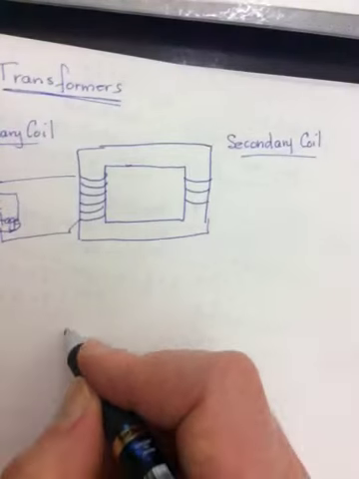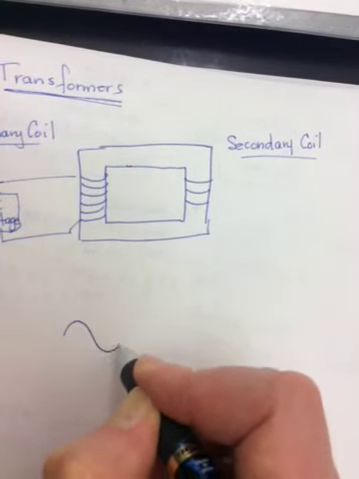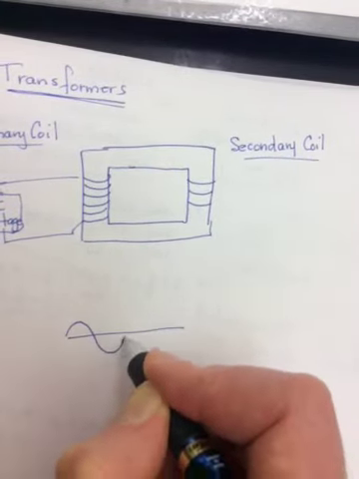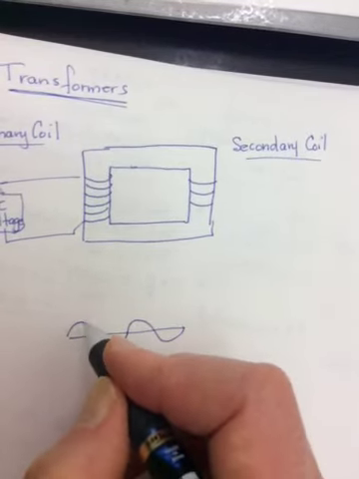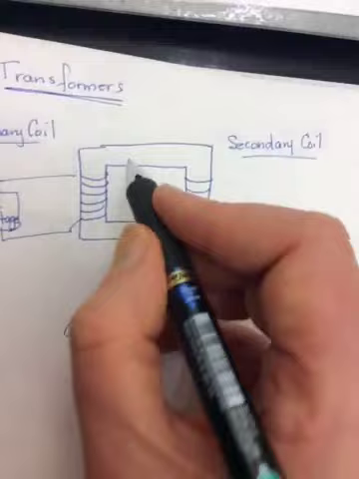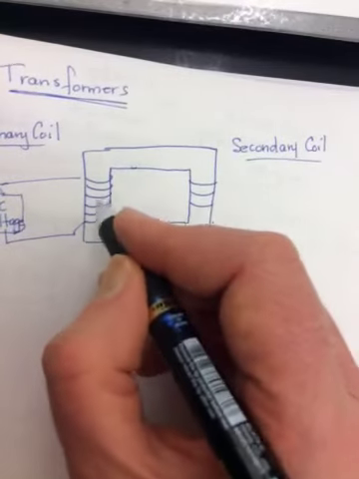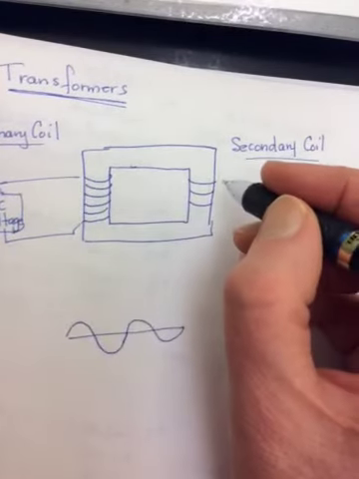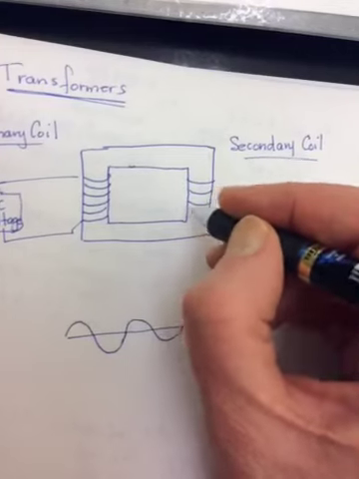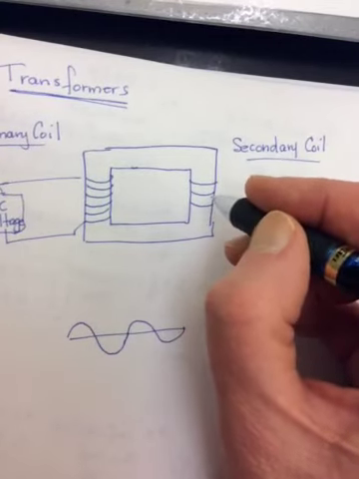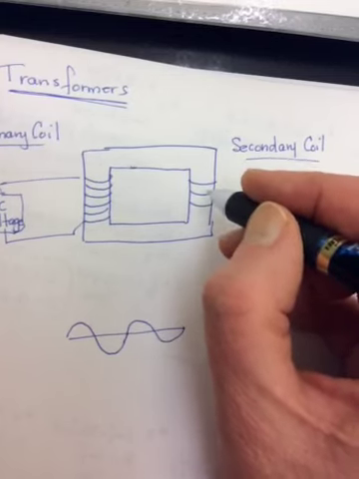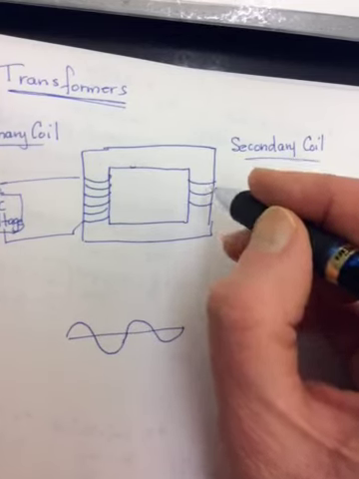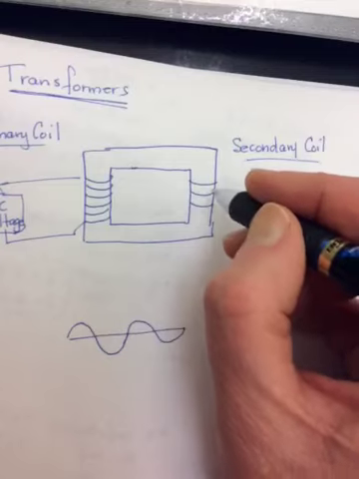Because remember, the alternating current is going up, coming down, right? It's a sinusoidal wave. So it has bigger current, smaller current, switches direction. So the field around this current is going to be changing. And this wire is in that changing field. And when you have a wire that's in a changing magnetic field, a current is going to be induced in this wire.